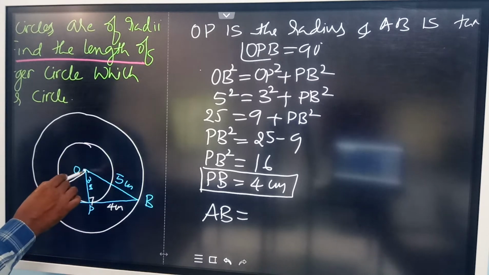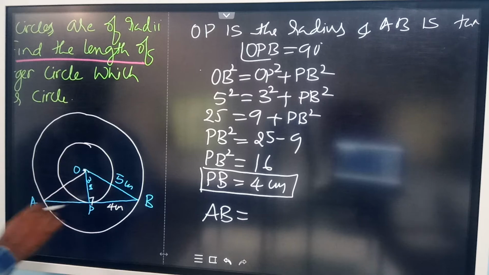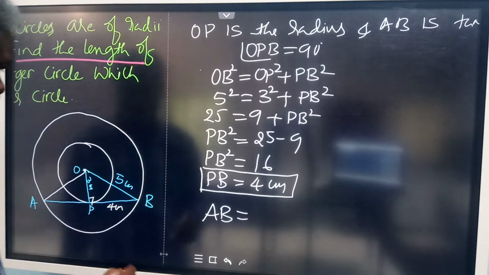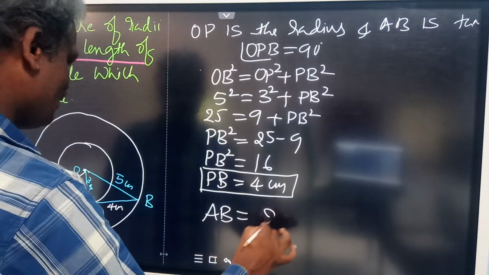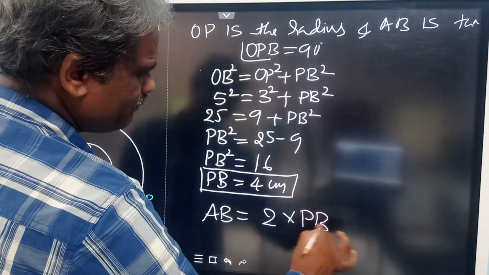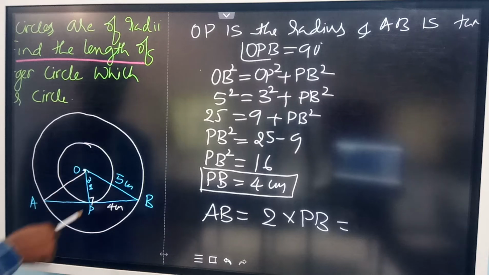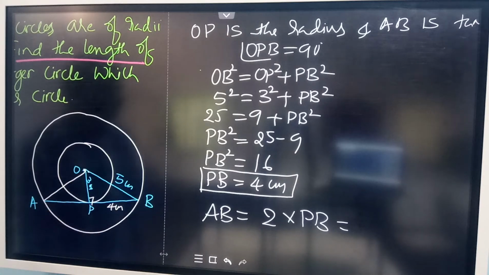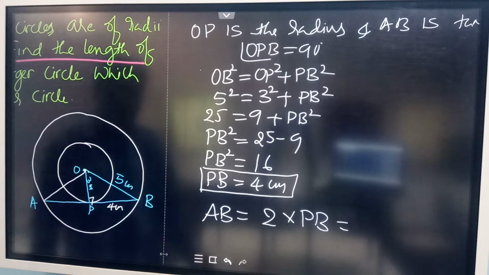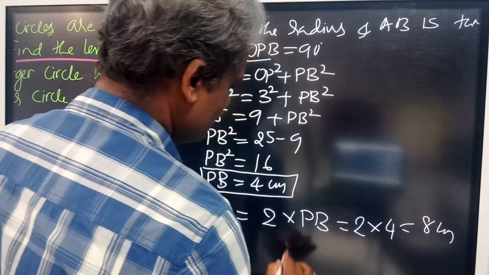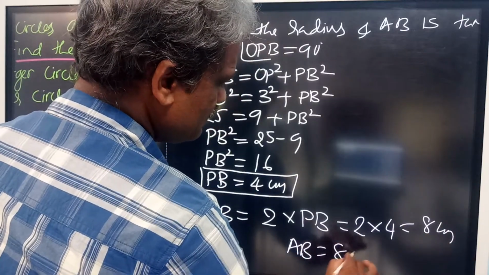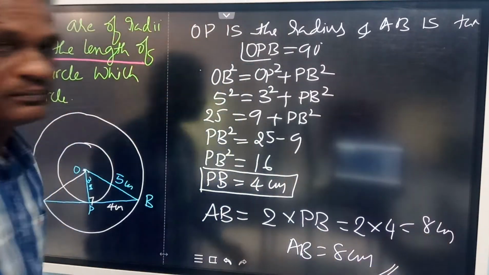Or otherwise, a perpendicular drawn from the center to a chord always bisects the chord. You can use any property. So AB length will be equal to 2 times PB, because a perpendicular to a chord drawn from the center always bisects the chord. So 2 times 4, that means 8 centimeter. Therefore AB is equal to 8 centimeter.